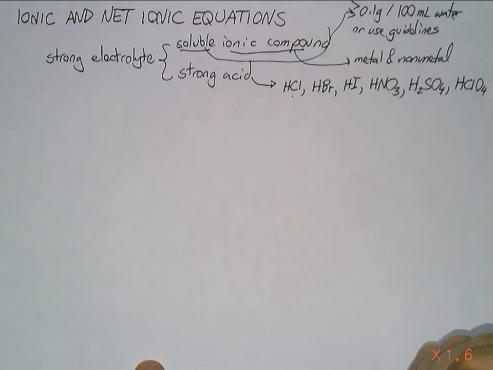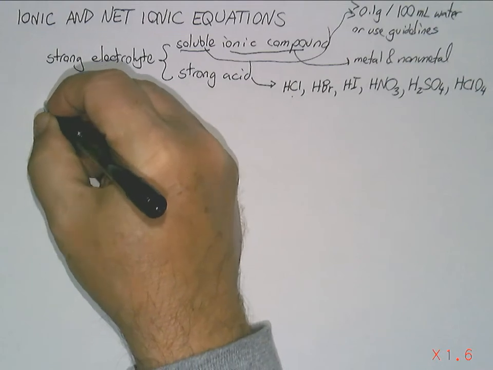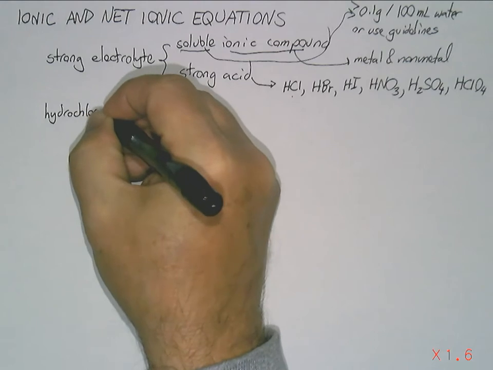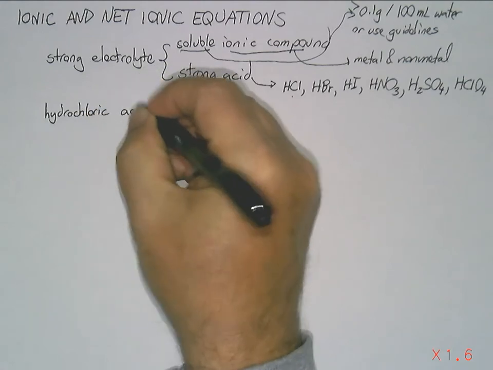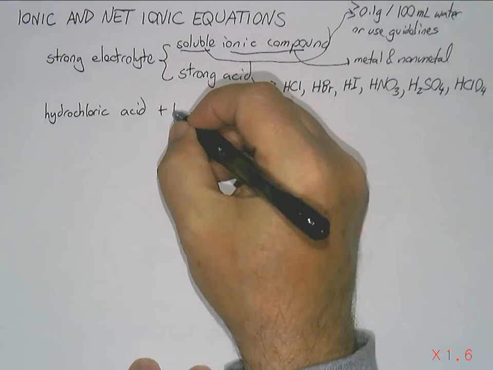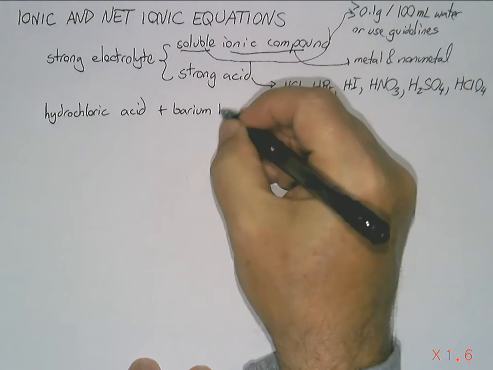So, let's do an example. Let's suppose I tell you you have hydrochloric acid and you mix it with barium hydroxide.